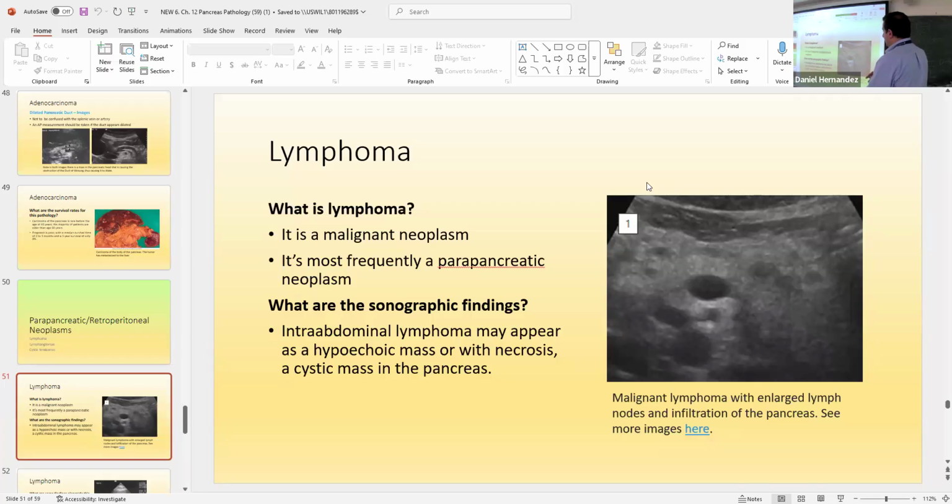Sonographic findings: intra-abdominal lymphoma may appear as a hypoechoic mass or with necrosis, and then a cystic mass in the pancreas itself. Malignant lymphoma with enlarged lymph nodes is seen here in this picture. It looks like some enlarged lymph nodes adjacent to that pancreas.